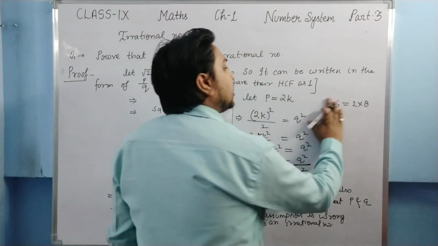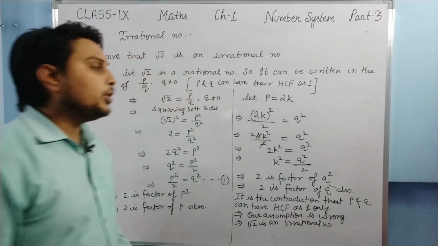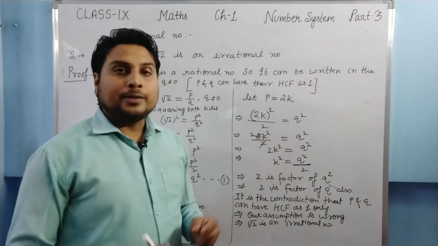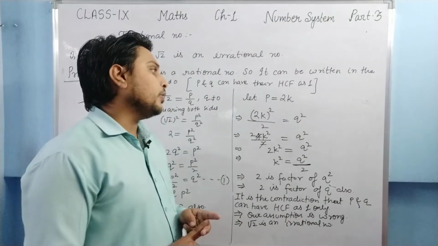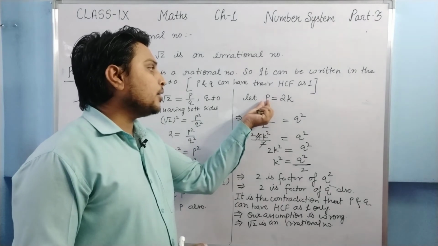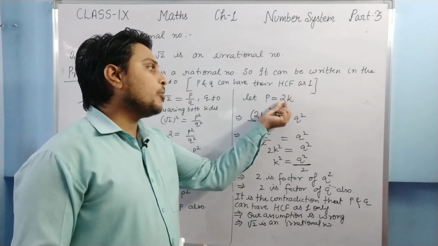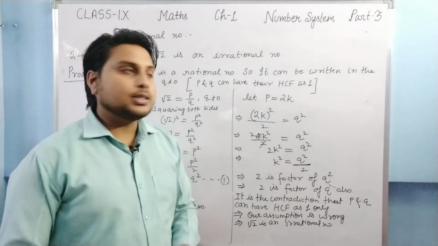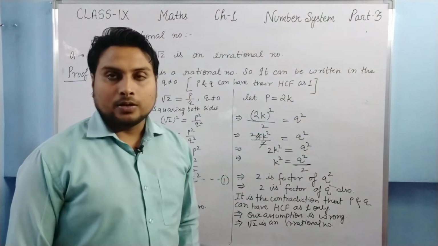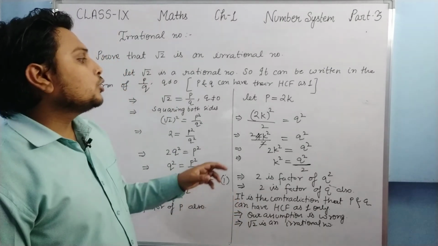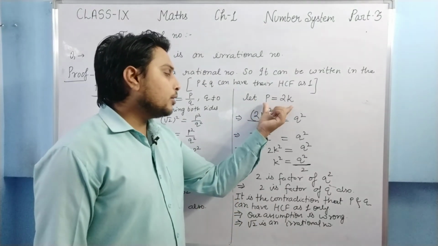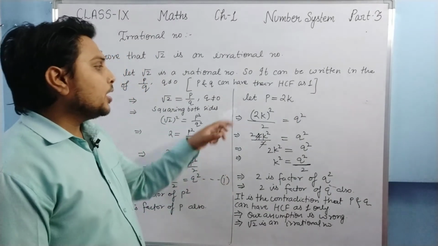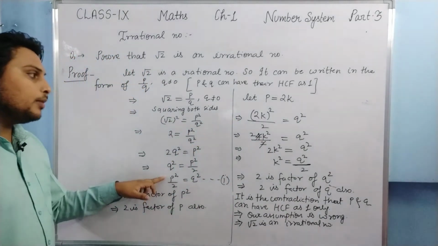If 20 is written, then we can represent it as 2 into 10. But here it is written p, and p is an integer that we know very well. So we can show it in the form of 2 as 2k, where k is any positive integer, a constant. So let p is equal to 2k. So at the place of p we can put 2k.